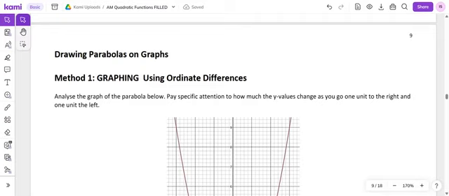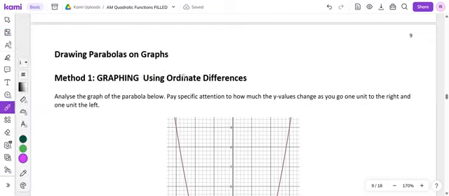Okay. So today I want to teach you how to graph. And in doing so, we need at least 3 points, right? So for graphing, we need a minimum of 3 or more points. 3 or more points gives us a sense of what the parabola will look like.